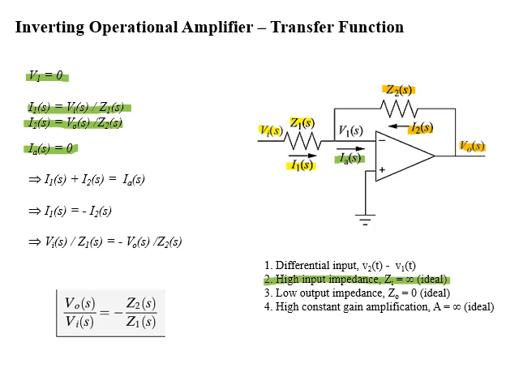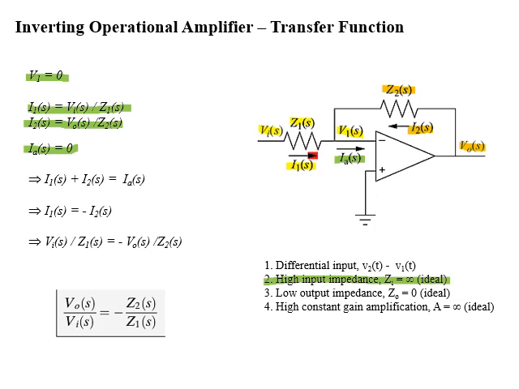Now we will apply nodal analysis at node V1 of s. The currents entering the node are I1 of s and I2 of s, whereas the current leaving the node is IA of s, which is equal to 0.